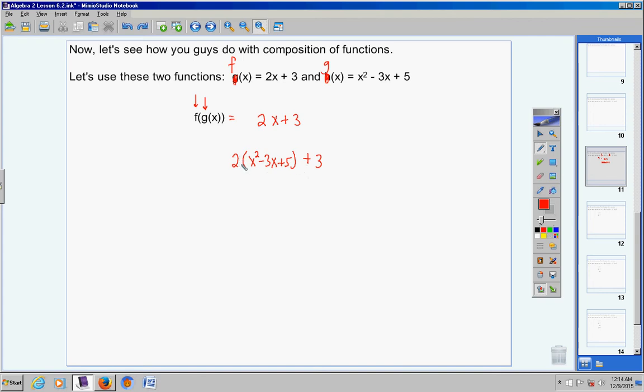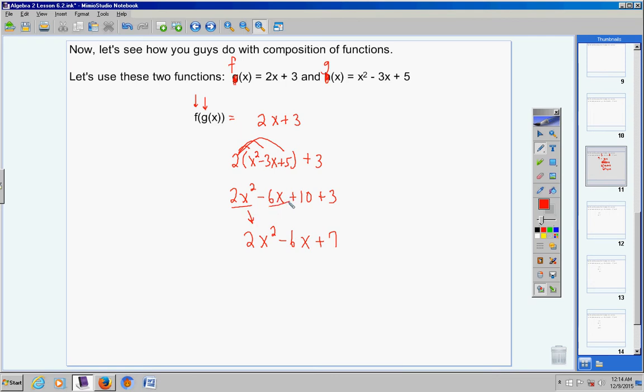This 2 is right next to the parentheses. Let's multiply it through. 2 times x squared. 2 times negative 3. 2 times positive 5. And then bring down your positive 3. Now combine your like terms and you're finished. There's only one x squared term, so bring it down.